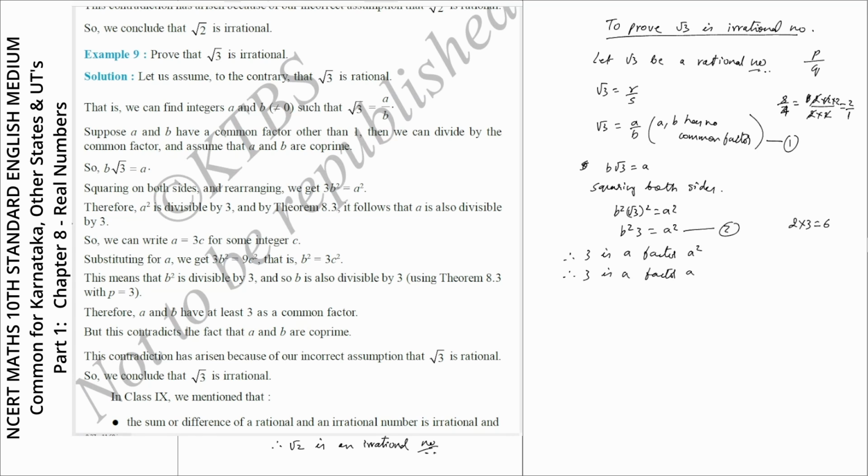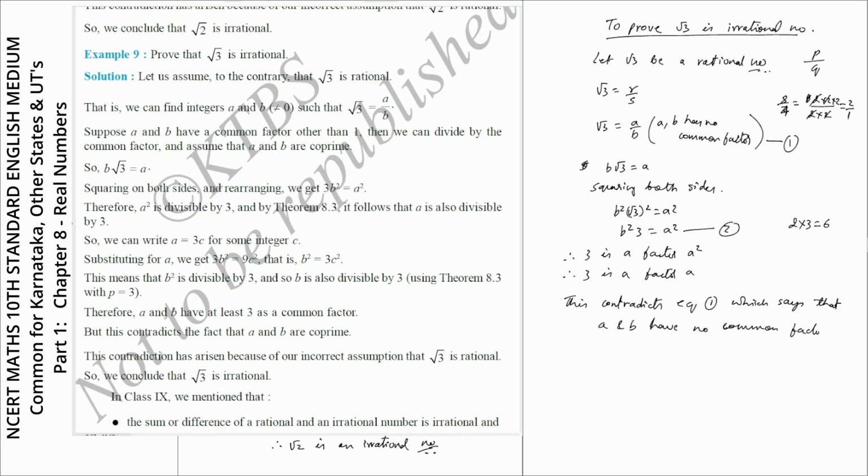But this contradicts equation 1. According to equation 1, a and b have no common factor because we have cancelled it. This contradicts equation 1, which says that a and b have no common factor.